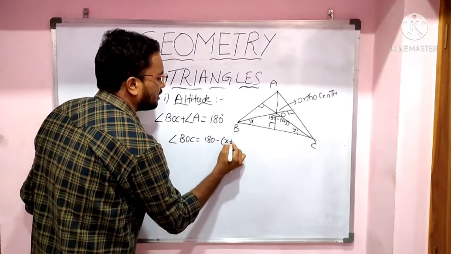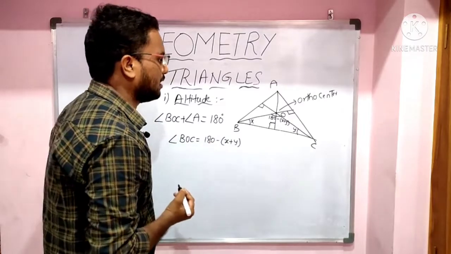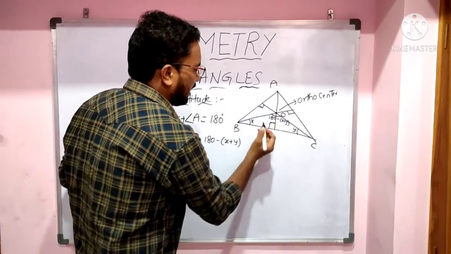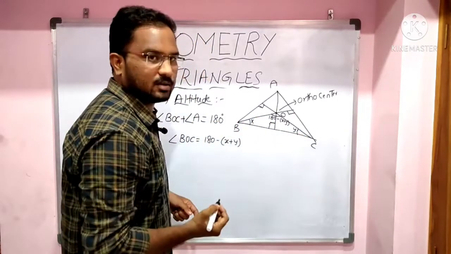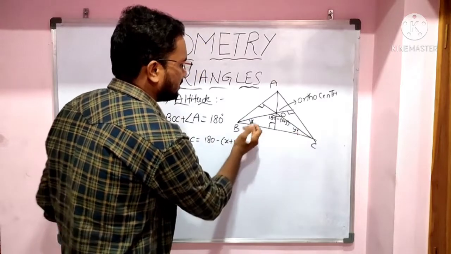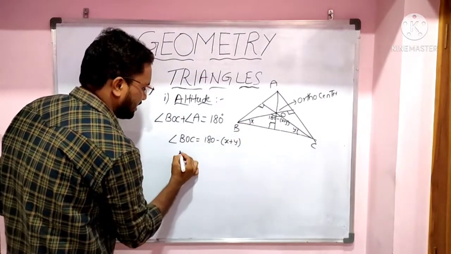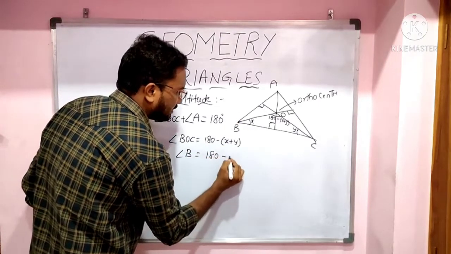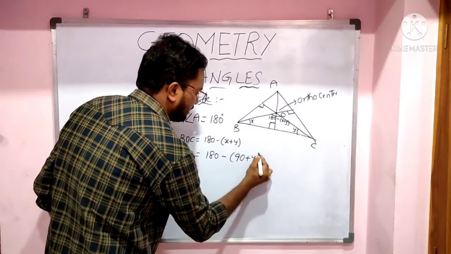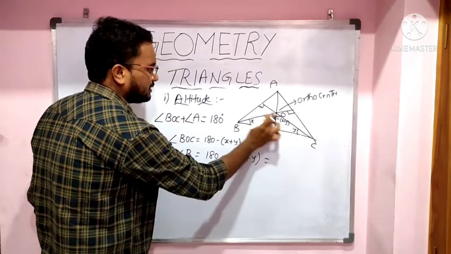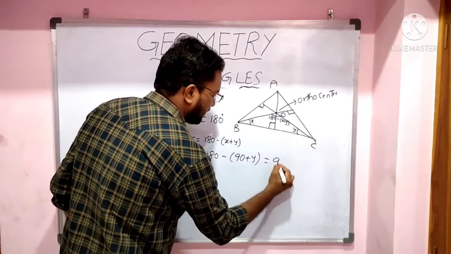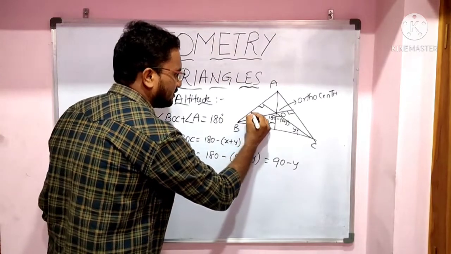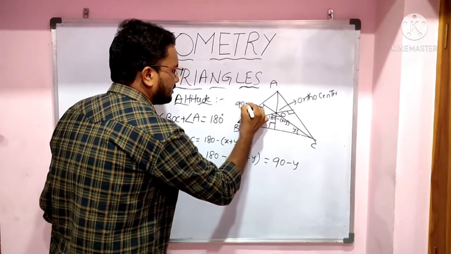Now in this triangle, this is 90 degrees and this is Y. So this angle, angle B, equals 180 minus (90 plus Y), so that equals 90 minus Y.